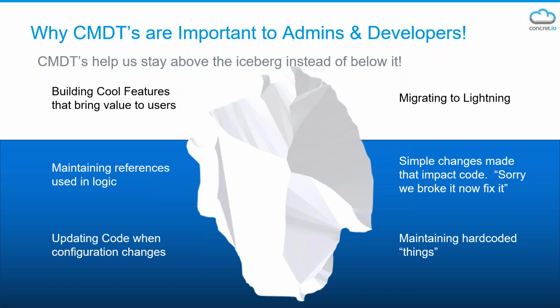We want to do all these cool things, but we're bogged down with maintaining references and logic, maybe updating code when configuration changes, or simple changes that impact code, or impact your validation rules or your flows. So maintaining hard-coded things. I think using things like metadata types gets us away from staying below the iceberg so we can stay above the iceberg. And I think it's really helpful to admins and developers to be doing things that really add value to your business rather than sitting there and maintaining things.